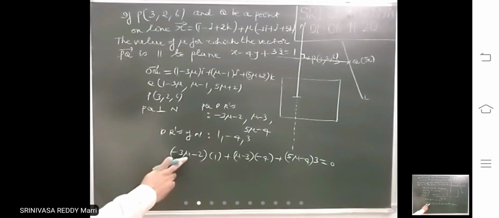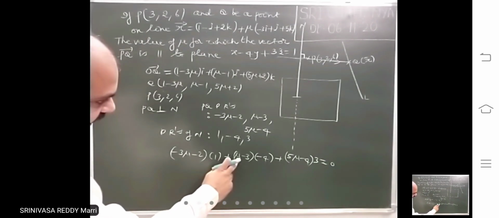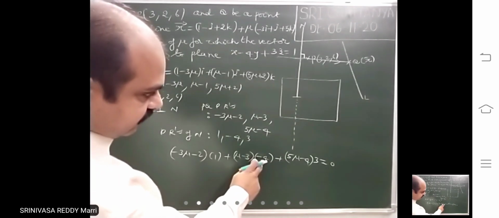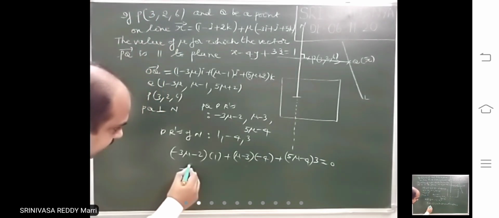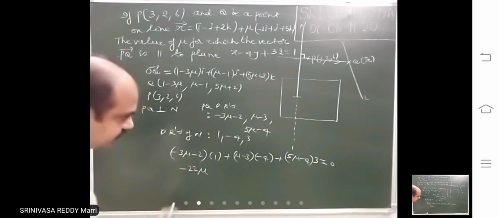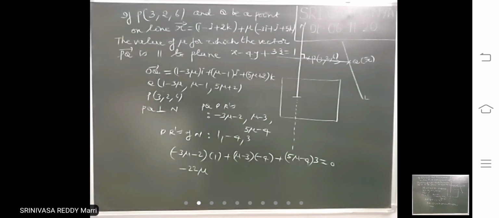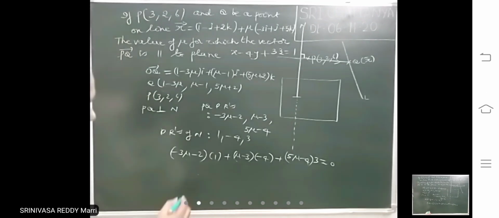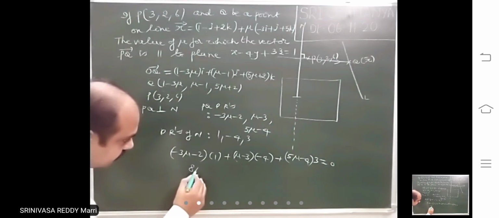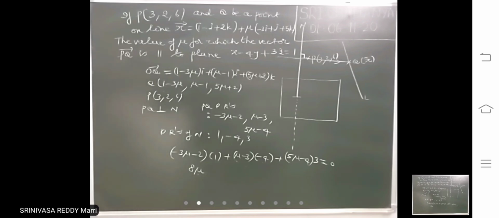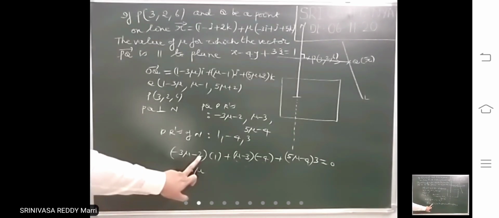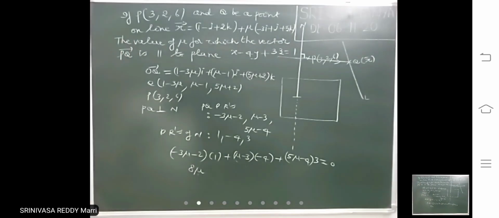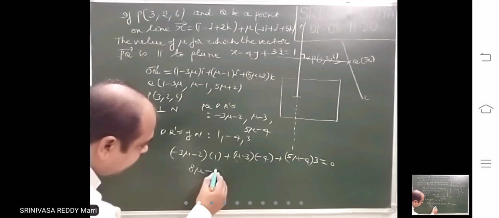So you can get the value of mu. Collecting mu terms: -3mu - 4mu + 15mu = 8mu. The constants: -2 + 12 - 12 = -2.